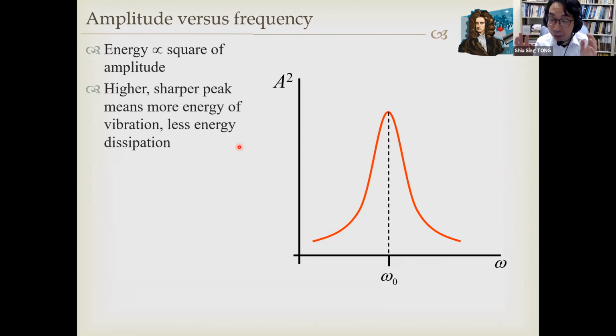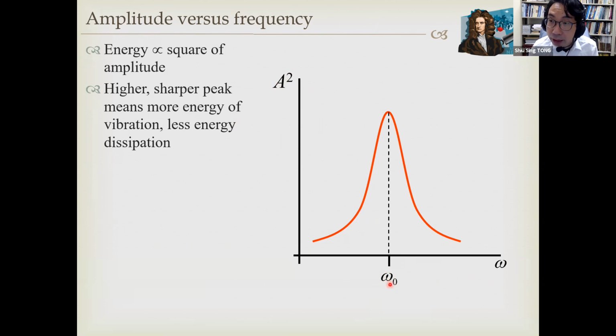Do you remember, for a spring mass system, the total energy is half K A squared, where K is the spring constant and A squared is the square of the amplitude. It is not just proportional to A, it is proportional to A squared. So plotting A squared against omega effectively reflects the amount of energy in the system. So that's why we plot A squared against omega.